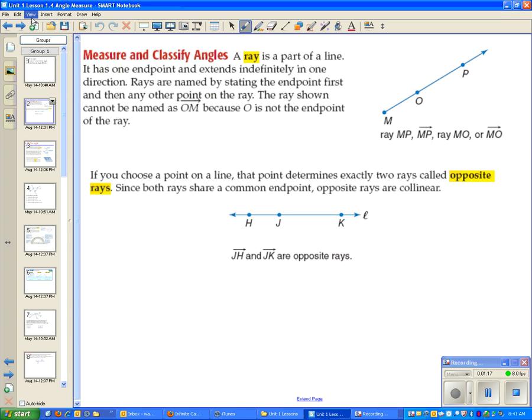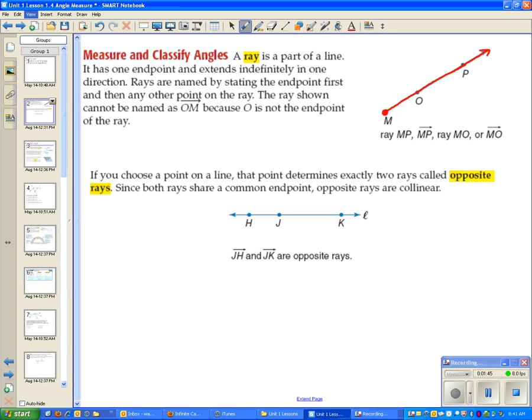So, this ray they show us over here, its end point is M. And it goes through point O, it goes through point P, and it keeps going. So we can call this ray MO or ray MP. Two different names naming the exact same ray.